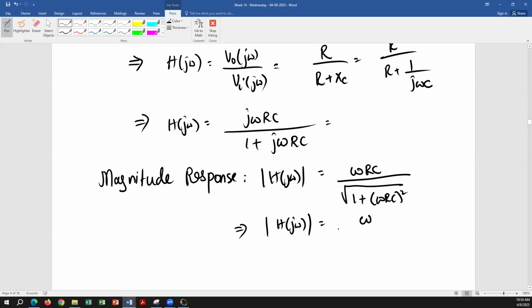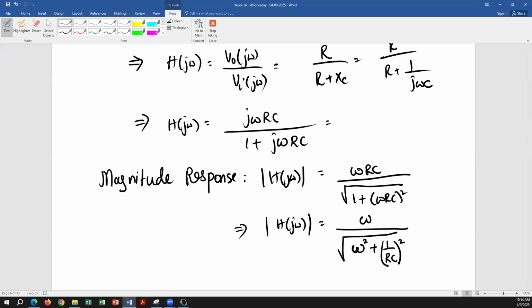So omega is going to be left in the numerator, and in the denominator we will have the square root of omega squared plus 1 over RC squared. We divide both numerator and denominator by RC.